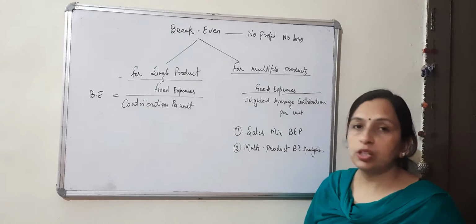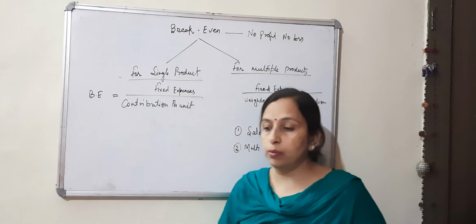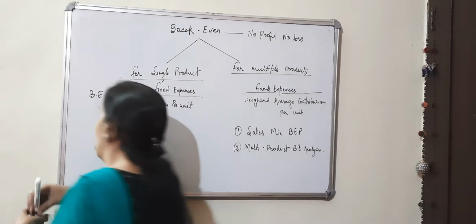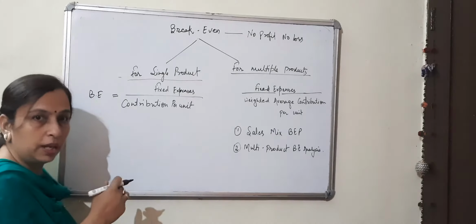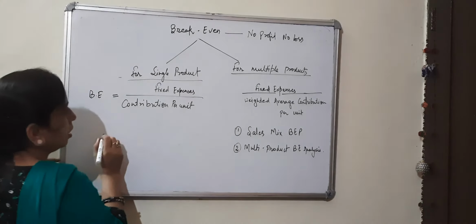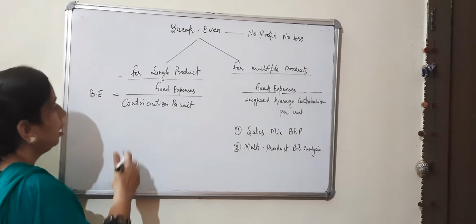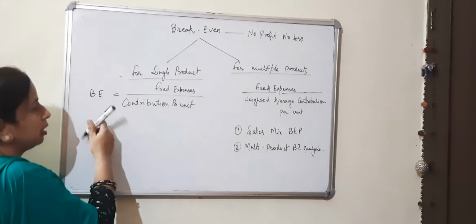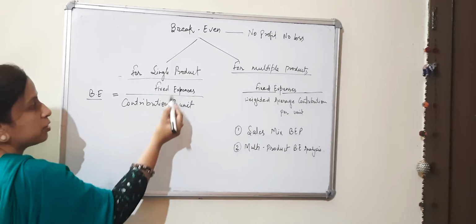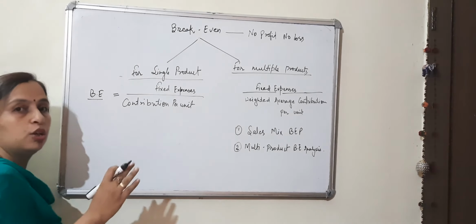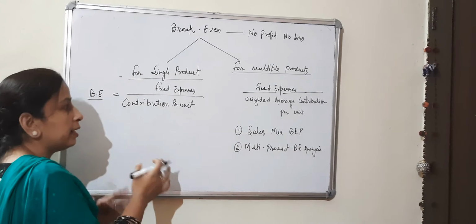Okay. Now, contribution per unit, we have seen what contribution is. Contribution is sales price minus variable cost. Now, suppose we are talking about a particular product. For a single product, we have seen that break-even means fixed cost by contribution per unit. So, this is the formula. Now, I'll take an example.